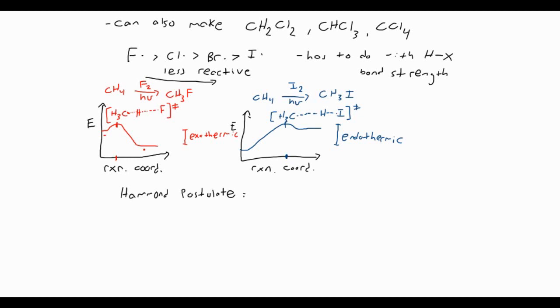So what this says is that late transition states, such as the one we've drawn for iodine, are very characteristic of reactions that are slow and endothermic.